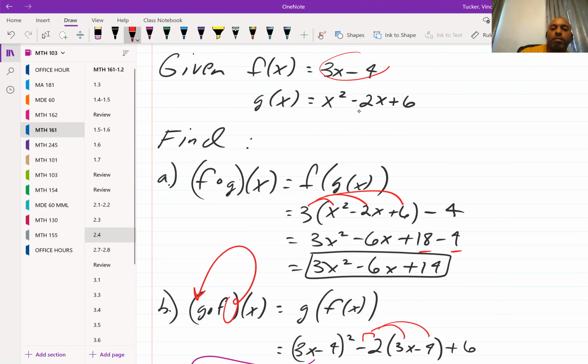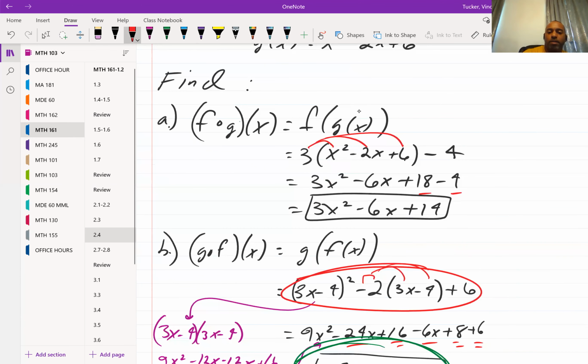So we're going to take 3x minus 4, plug it in where we see x in the g function. And that's what happened right here. So it was x squared minus 2x plus 6. So now it's 3x minus 4 squared minus 2 times 3x minus 4 plus 6.